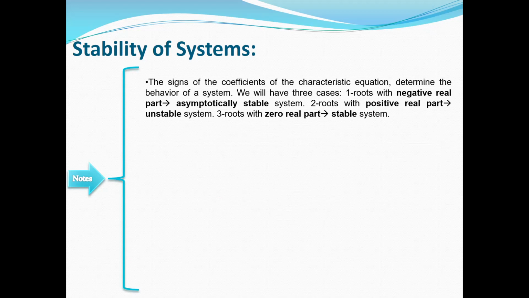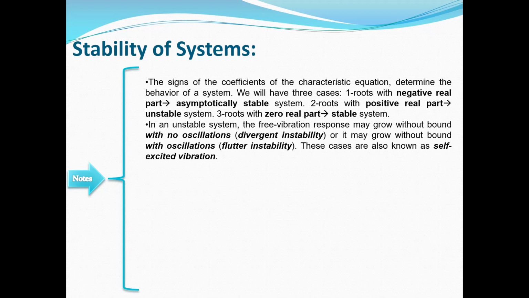But when the roots of the characteristic equation have positive real parts, the system is unstable, and the amplitude of the response increases without any bound. And finally, if the real parts of the roots of the characteristic equation are zero, the system is stable. I mean, the amplitude remains the same without any change.